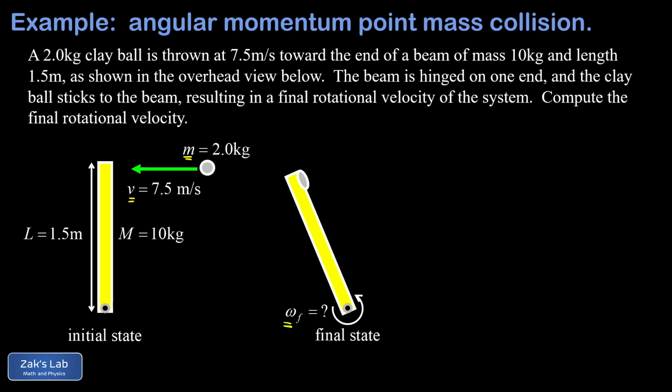So the key prerequisite to using angular momentum conservation to solve this is having confidence that there's no external torque acting on the system. So we just have these two isolated objects. They end up with a collision between them. They exert torques on each other, but there's no torque acting from outside. So we're going to approach this with conservation of angular momentum, and we say L initial is equal to L final.